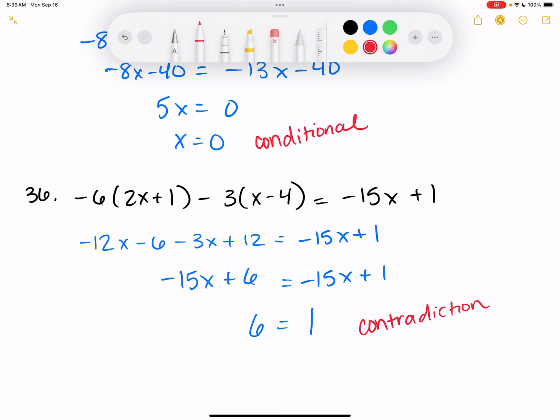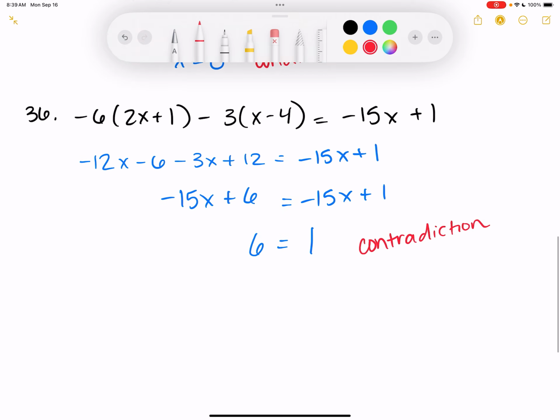Let's see, what else do we have? Okay, solve each formula for the specified variable. Assume the denominator is not 0 if the variables appear in the denominator. Basically, we just have to assume that because otherwise they would be undefined.